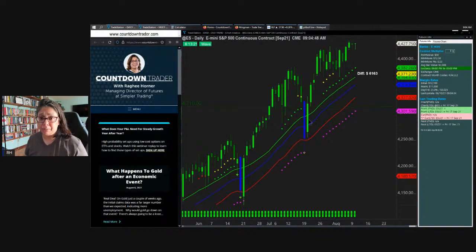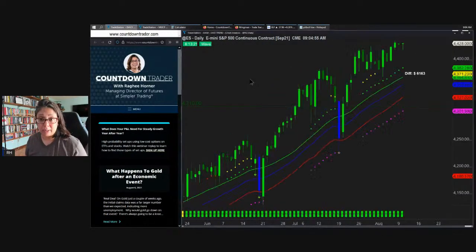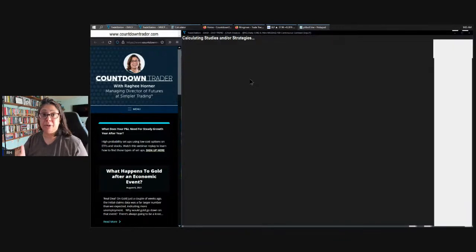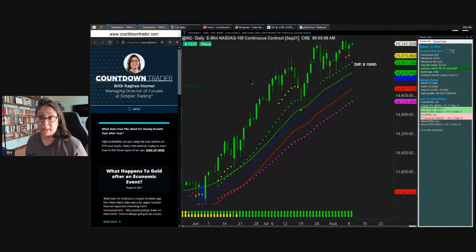But if this pullback that hopefully eventually we get looks like either one of the prior two, you know what I'll be? I'll be a buyer, because that's a dip. And it's a dip because the underlying market structure of the S&P and the NASDAQ continue to be elevator going up. Okay. All right. So as always, that's kind of a lay of the land.